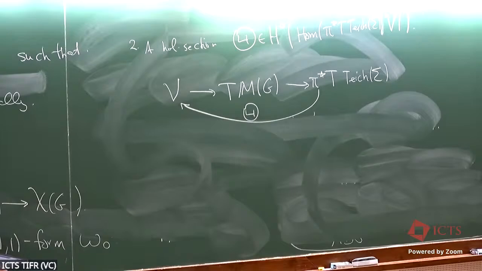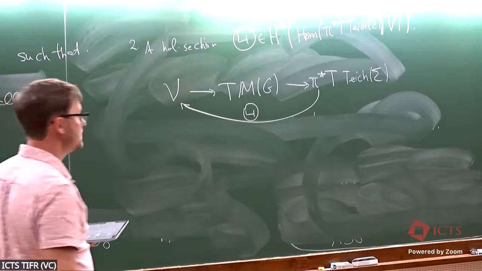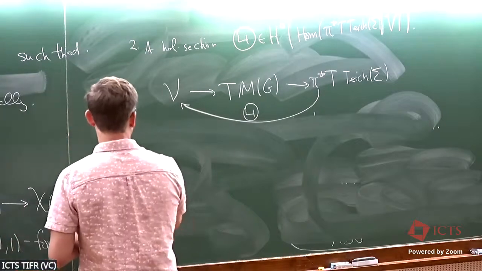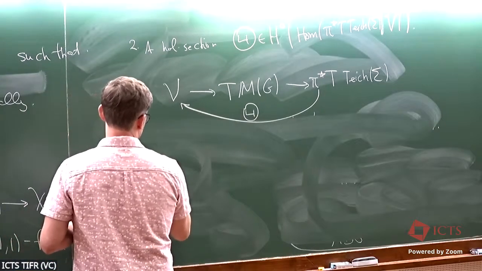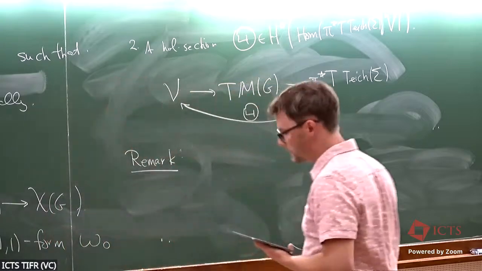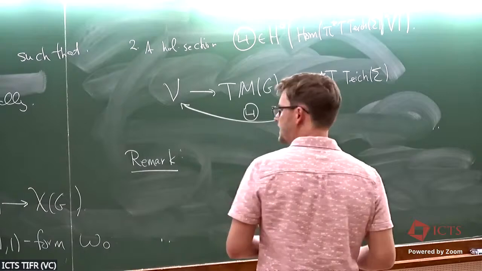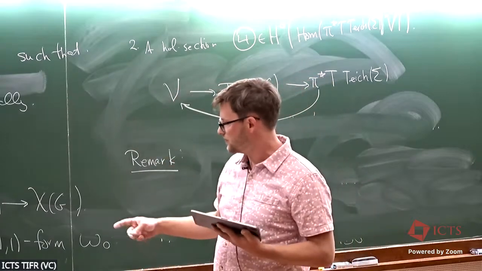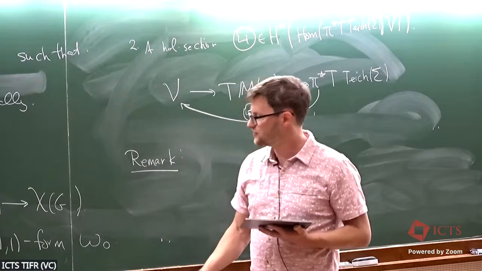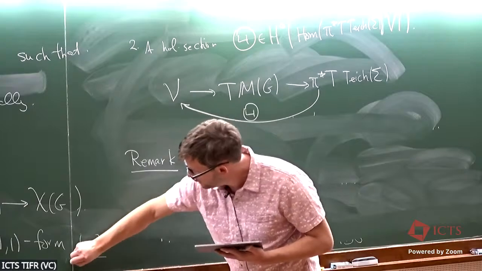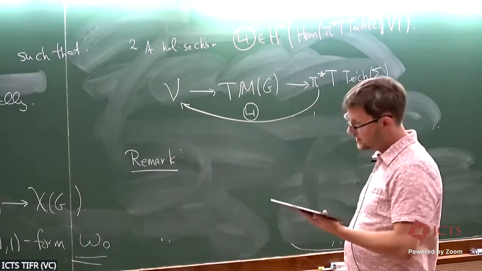Okay, good. So that's the first theorem that I want to try to tell you something about. And maybe part of the second part, the configuration space focus, is all about defining that omega naught.